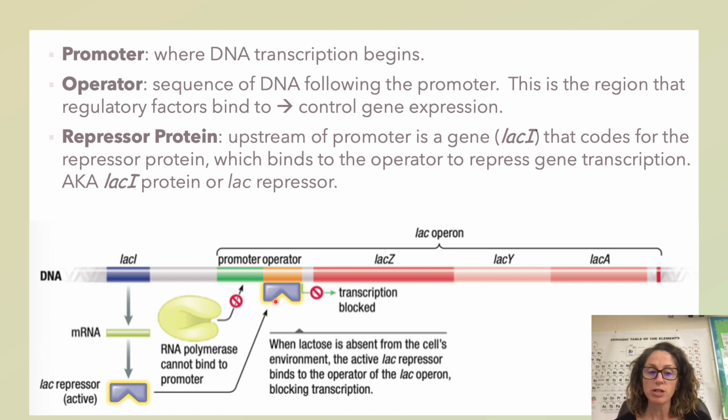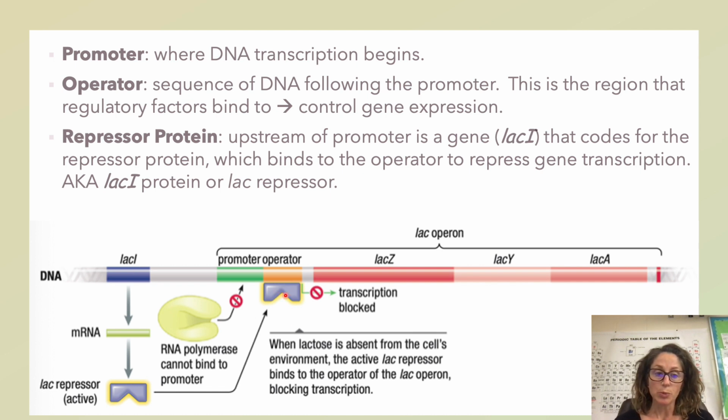As I mentioned, in this scenario, when this repressor is bound to the operator, then transcription can't happen. So it's a way to control whether these three genes get transcribed and then translated to their proteins. We also have a repressor protein, as I mentioned here.